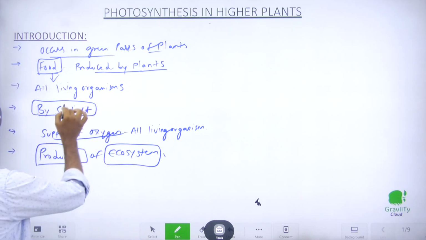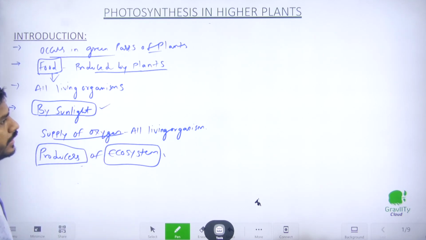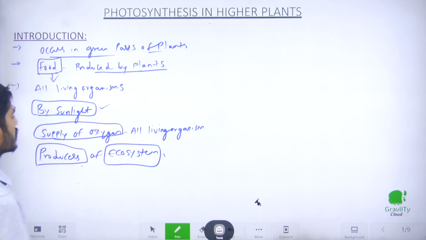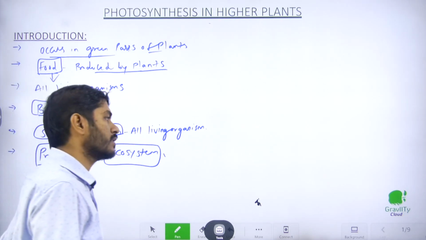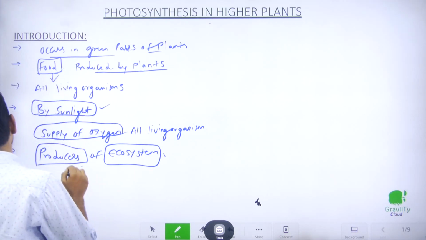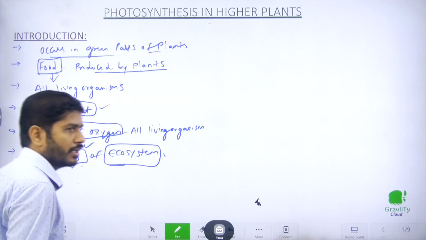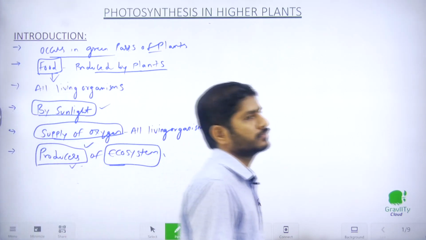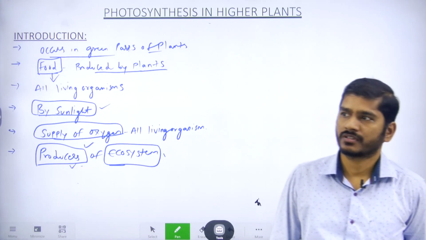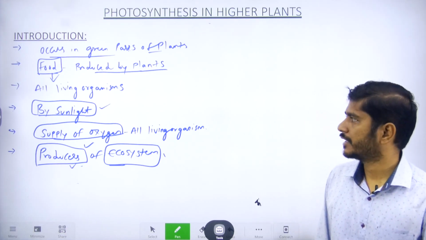For this production of food, sunlight is compulsory; without sunlight this cannot be done. Not only that, photosynthesis also supplies oxygen for all living organisms. As they provide food for all living organisms, they are considered the producers of the ecosystem. So we can compulsorily expect a minimum of two questions from this photosynthesis lesson, so we should be very careful, right.